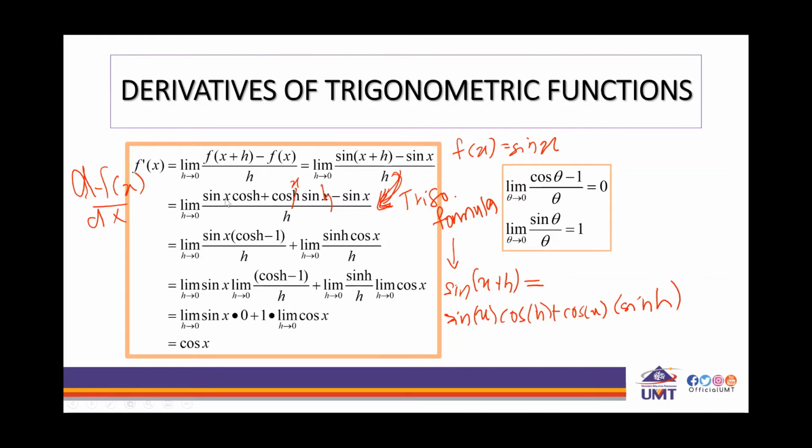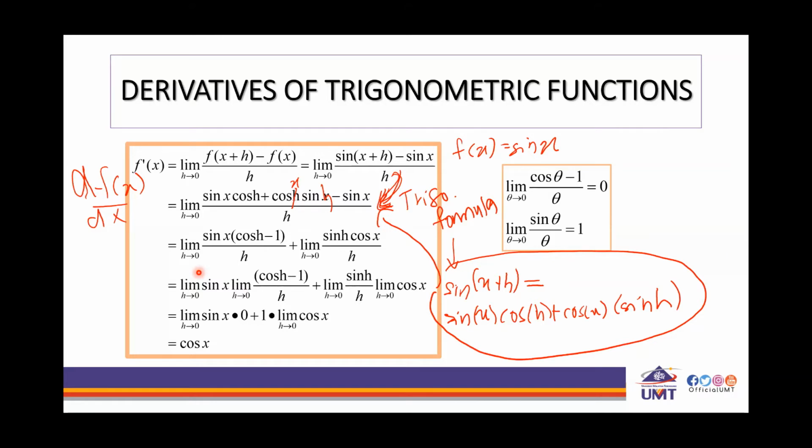Right? So now from the trigonometric formula, you will end up here. So from here, you rearrange and you get limit sine x cos h minus sine x over h plus limit h approaching 0 sine h cos x over h. All right. Now from there, as you can see, dia buat keluar limit sine x ke depan.